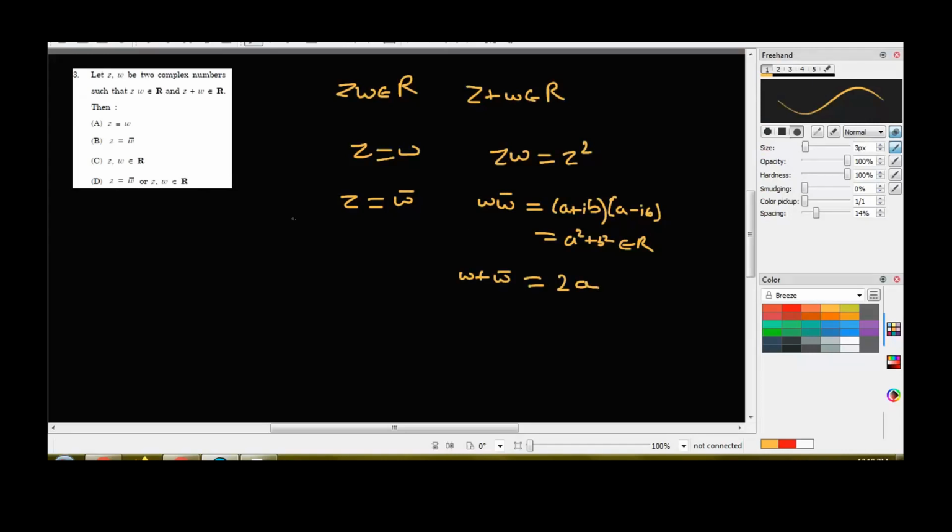So when z is equal to w conjugate, it holds. If z and w are both just real values, which means the imaginary part is 0, the product will still be real and the sum will also be real. Because of this, option B and option C are correct. And so option D, which gives us both the possibilities, is the correct value.